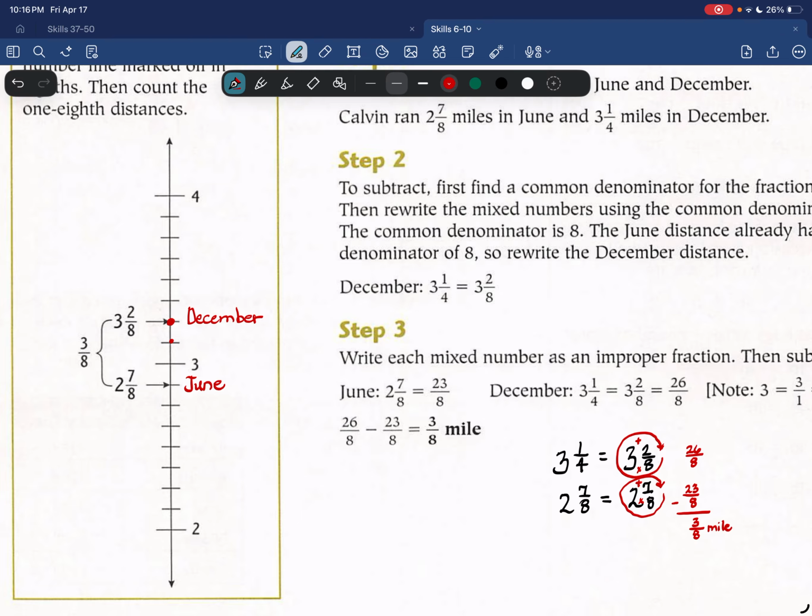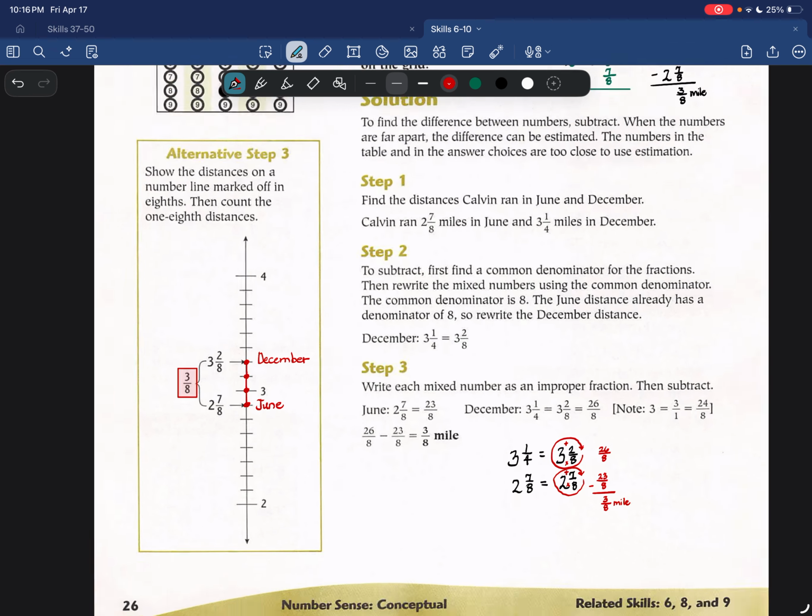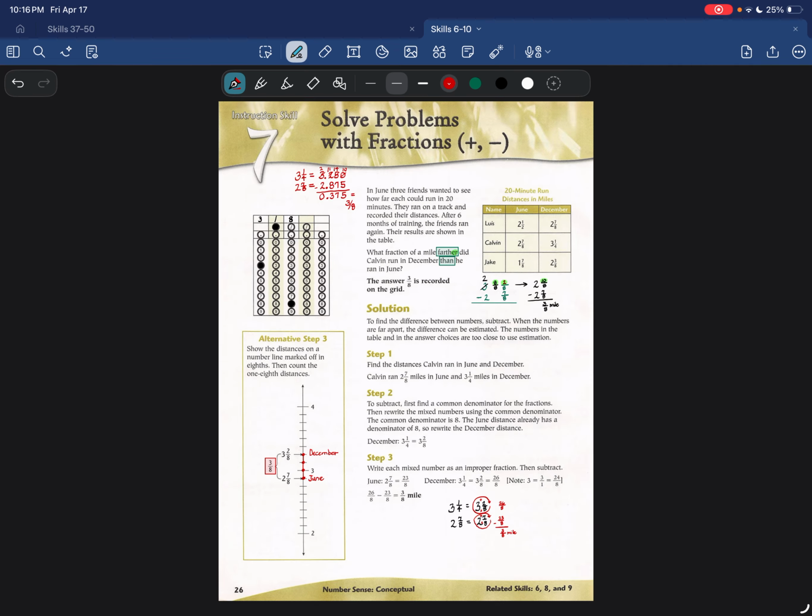So they had, there's 1, 2, 3, and that gave them the 3/8. So you have 4 methods from which to choose. All of them are fine. There is none better than the others. It just depends on how you see it and what makes sense to your brain. But the answer we're looking for is 3/8.